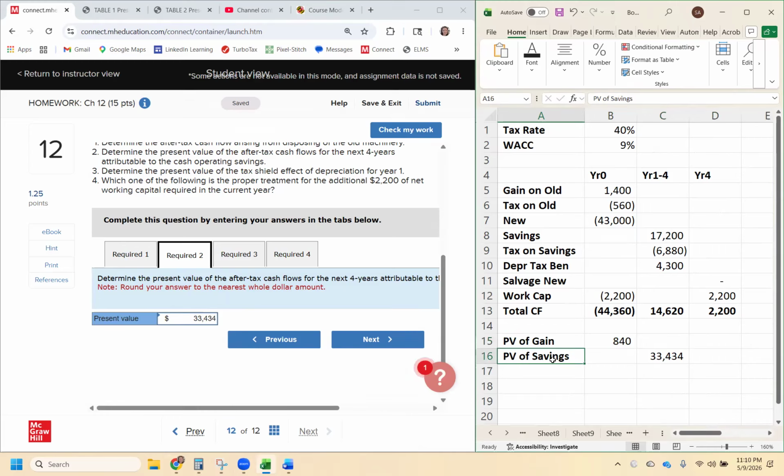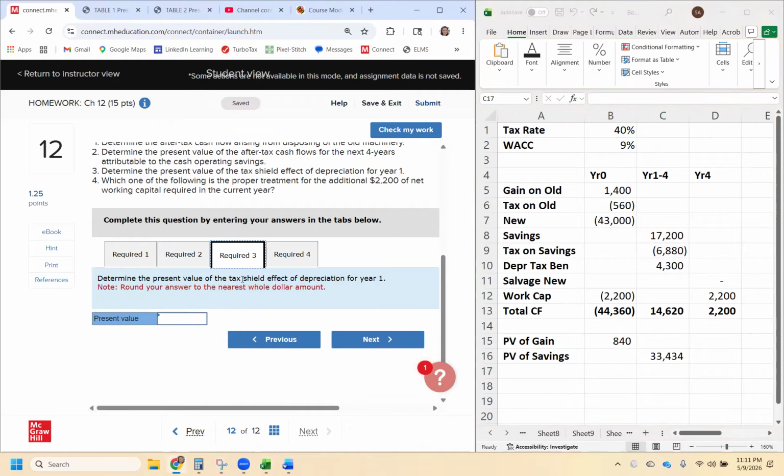So this is A, that's B. And this one, it's just those two, the gain on the old machine minus the tax. And then for the savings, I did the present value at the weighted average cost of capital for all 4 years, years 1, 2, 3, and 4. I'm going to get this much, the savings minus the taxes on the savings, future value 0. Okay, 3.